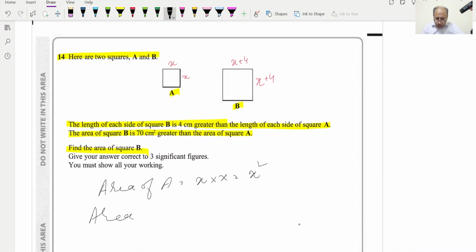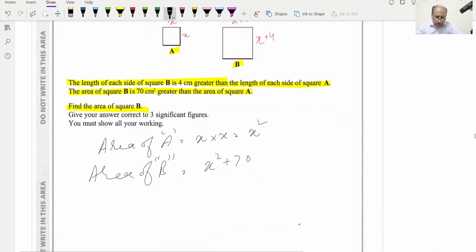So the area of B will be 70 more, so x squared plus 70. And what next? Find the area of B. Give your answer correct to 3 significant figures. You must show all your working.